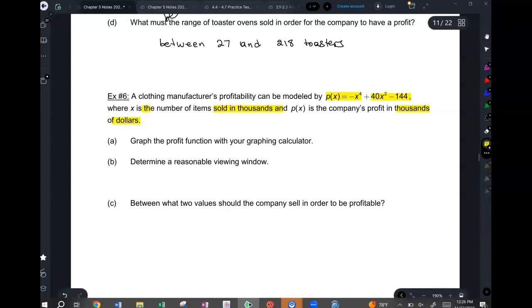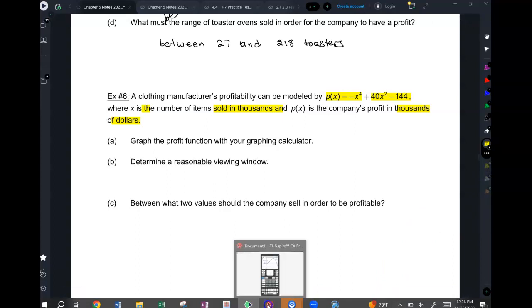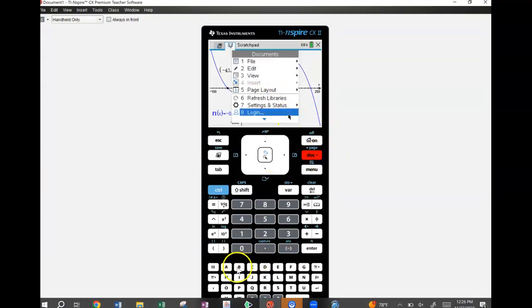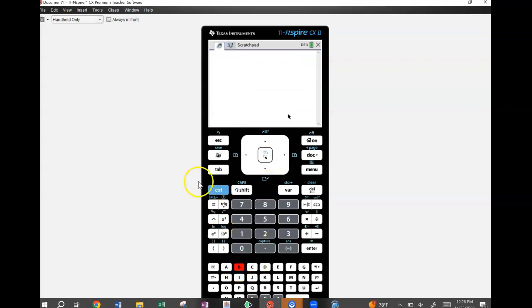All right. So let's go ahead and graph this one now. First, I'm going to reset my window, right?